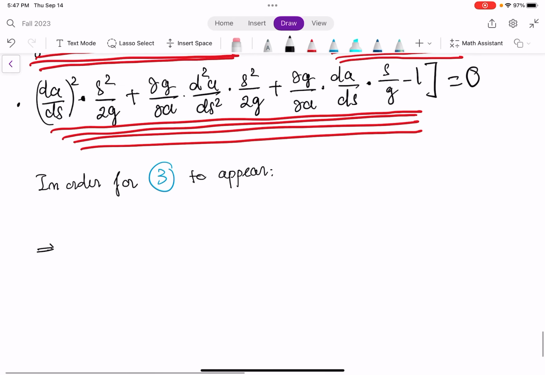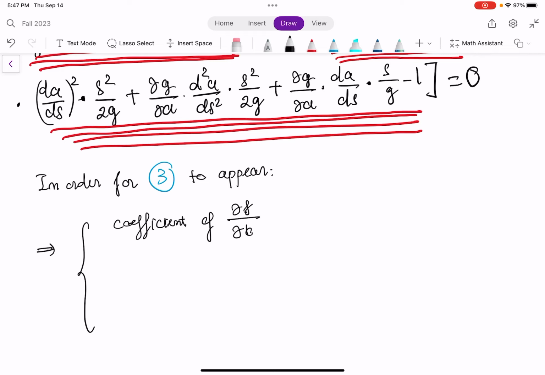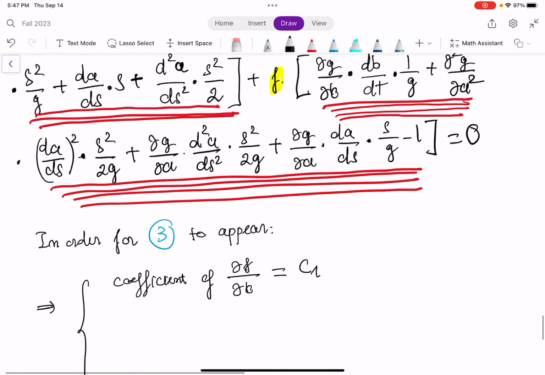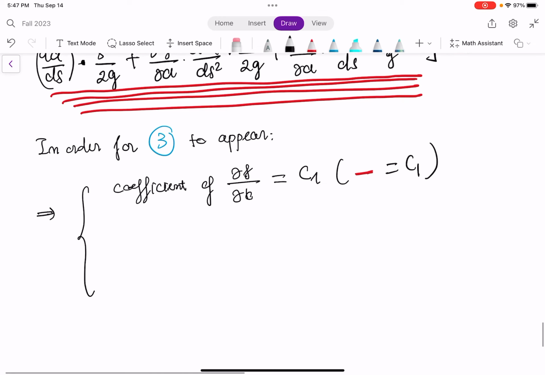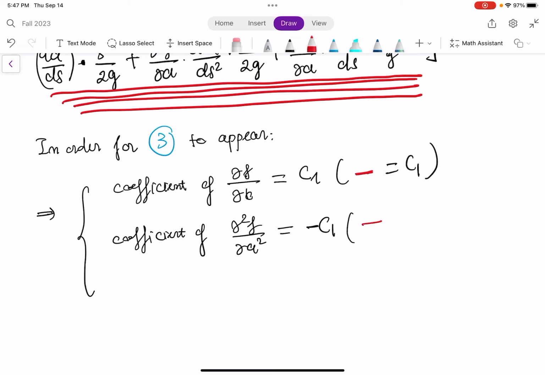First of all, the coefficient of partial f with respect to b has to be equal to C1, which is the first highlight. The second thing is the coefficient of the second partial f with respect to a has to equal negative C1, which is the second highlight.